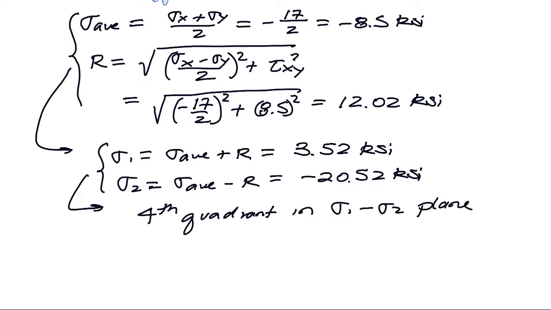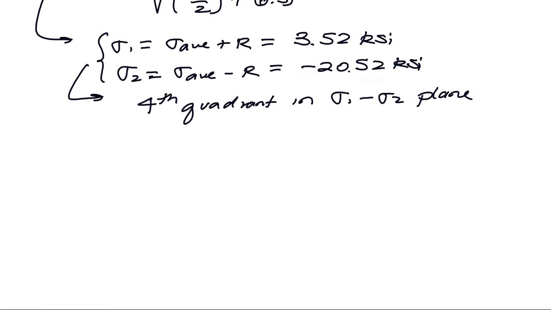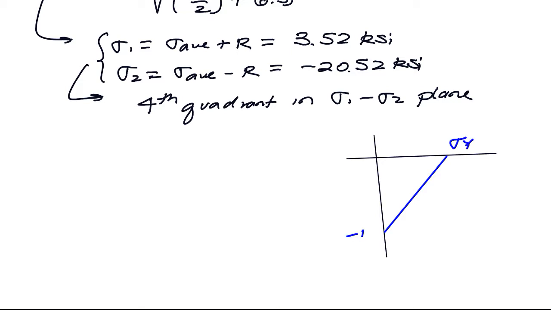Let me draw an expanded view of that. If I plot my usual axes, sigma 1 and sigma 2 axes like this, we recall that the maximum shear stress boundary is like this, going from sigma y to minus sigma y.